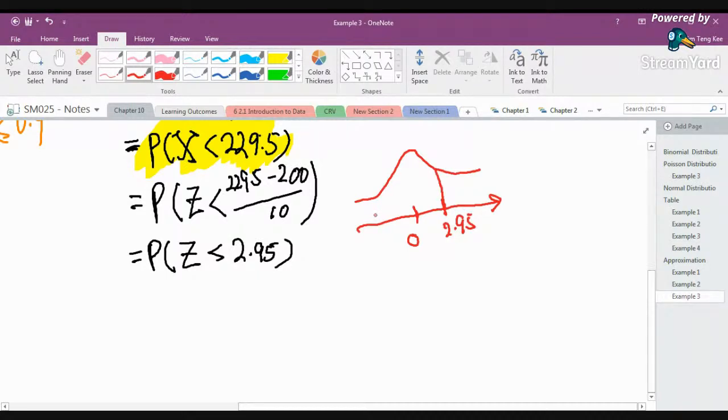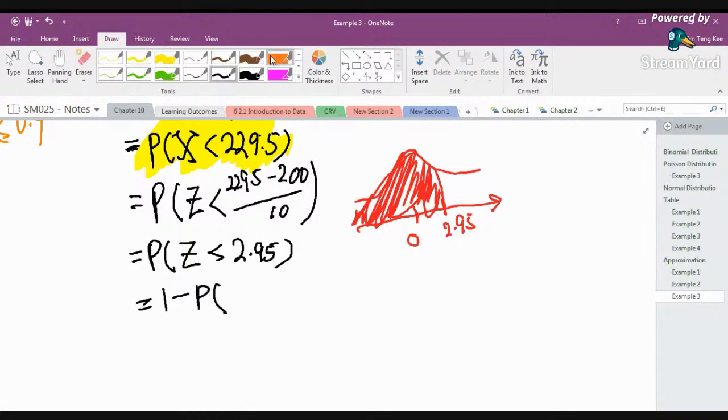And the region I want is this one. In order to get the region in red there, we apply the idea of 1 minus, which means minusing the part that we don't want. Which is the part that we don't want? It will be this part here, which I highlighted in purple.